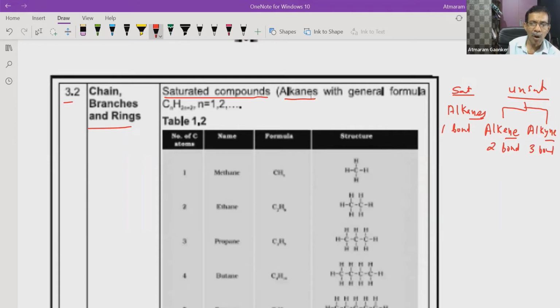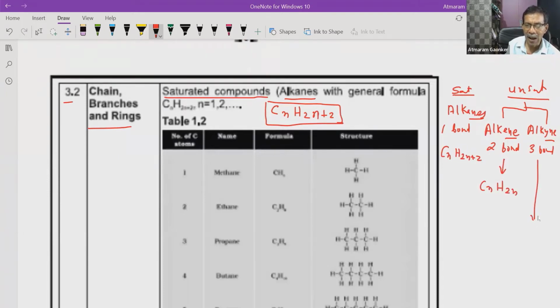So here the general formula for alkane is CnH2n plus 2. This is the formula for alkane. For alkene, it is CnH2n.